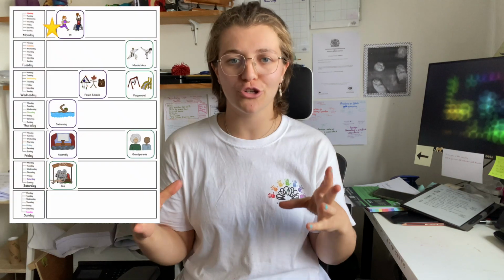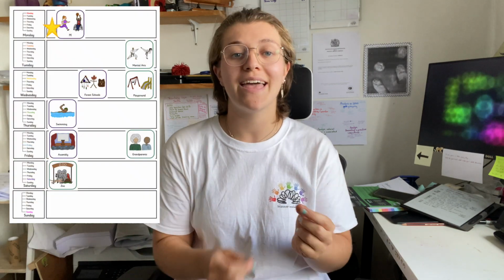So you put these key activities onto your weekly timetable and then have some way of showing this is the day we're on. So we put a star on Monday. Okay, this is what we're doing. And we might say on a Monday morning, okay, these are the things we're doing this week. Let's have a look now and see which things we're excited about.